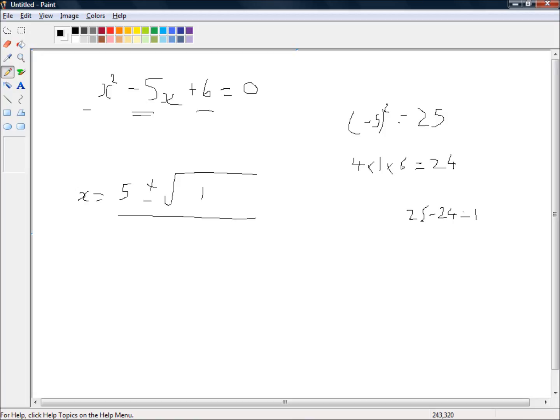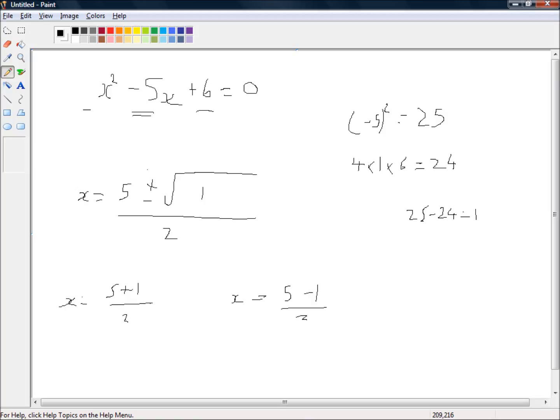Well, that's 2 times 1, which is just 2. So we've got 5 plus 1 over 2, and x also equals 5 minus 1 over 2.